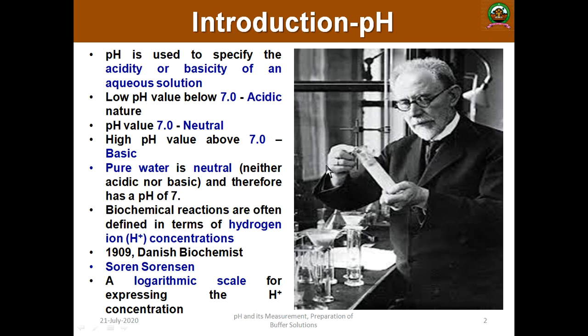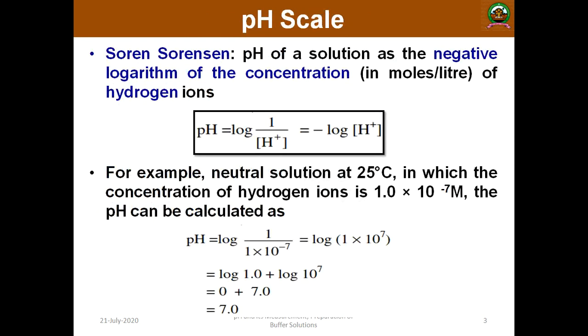Here you can see the scientist Sorensen, the great Dutch scientist. He studied a lot about hydrogen ion concentration, that is pH. According to Sorensen, the pH of any solution is the negative logarithm of the concentration of hydrogen ion, that is, concentration in moles per liter.